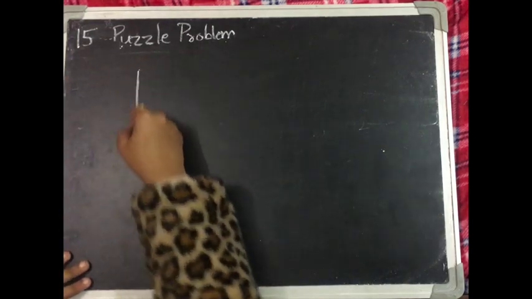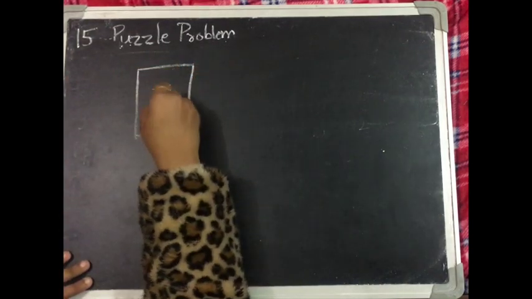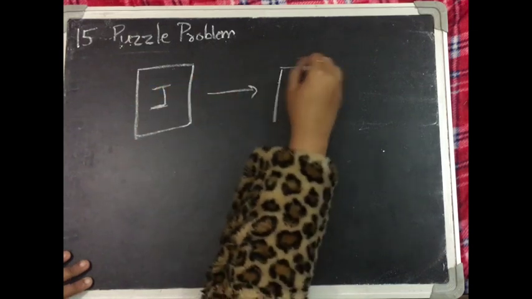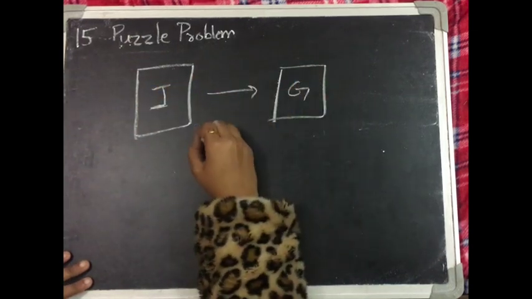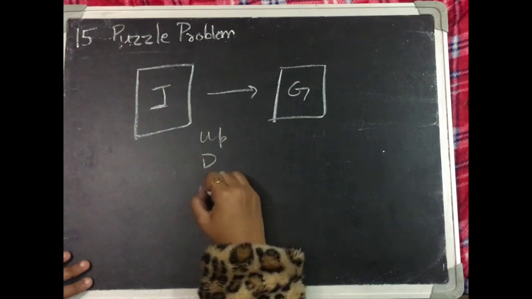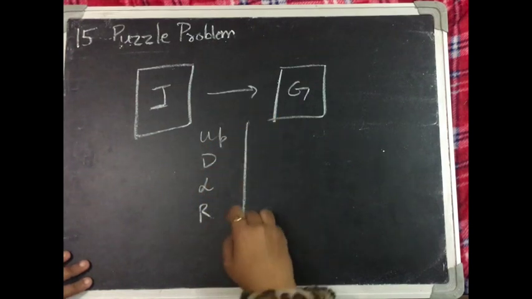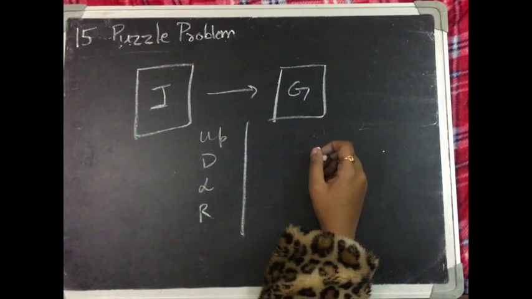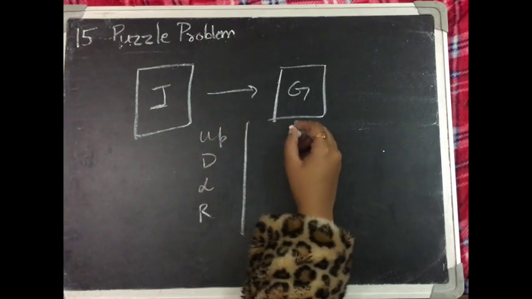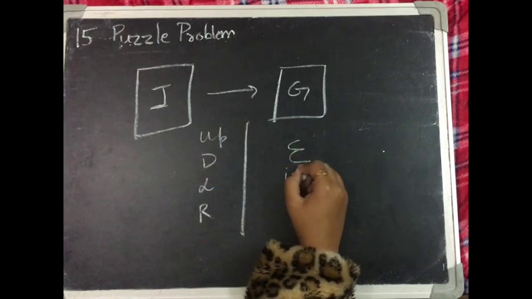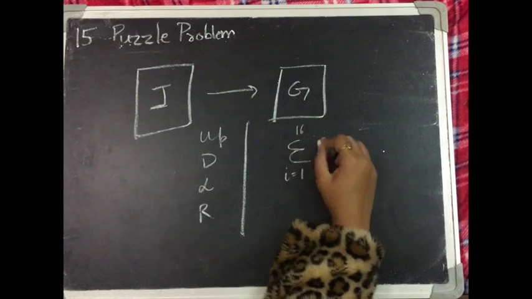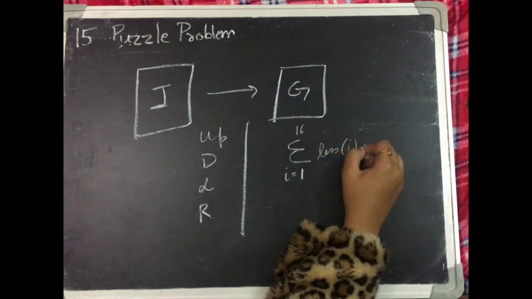First of all, the first step that we have to find out is that we will be given an initial problem. We have to convert it into a goal problem with a given set of moves, that is up, down, left and right. But before that, we have to find whether my puzzle is solvable or not. That I will find with the help of a formula: the sum for I equal to 1 to 16 of less of I plus x.